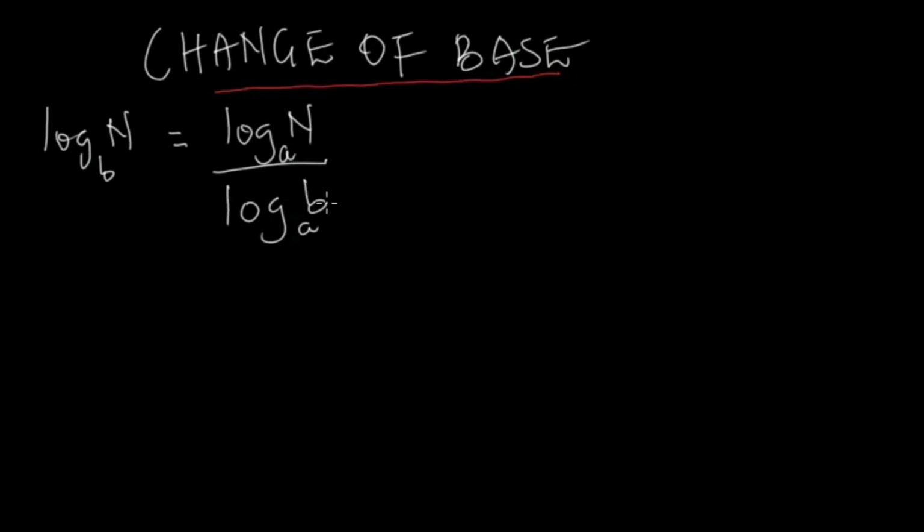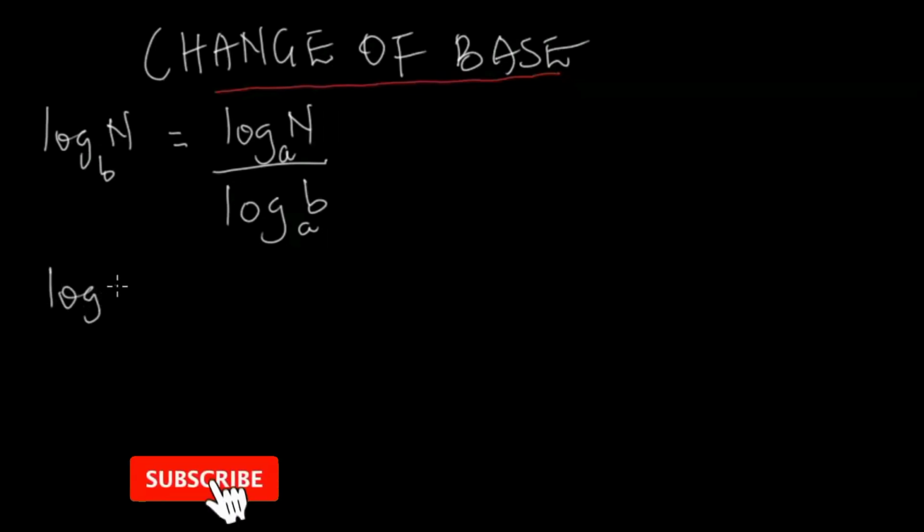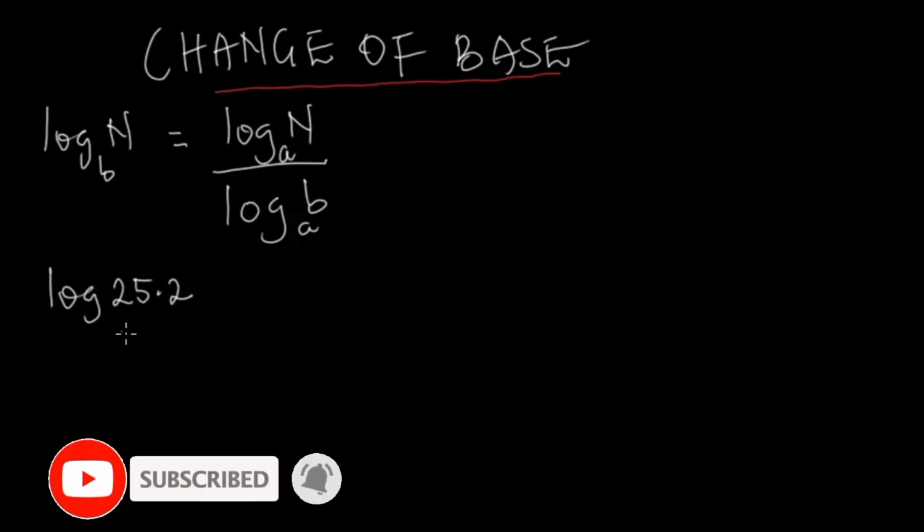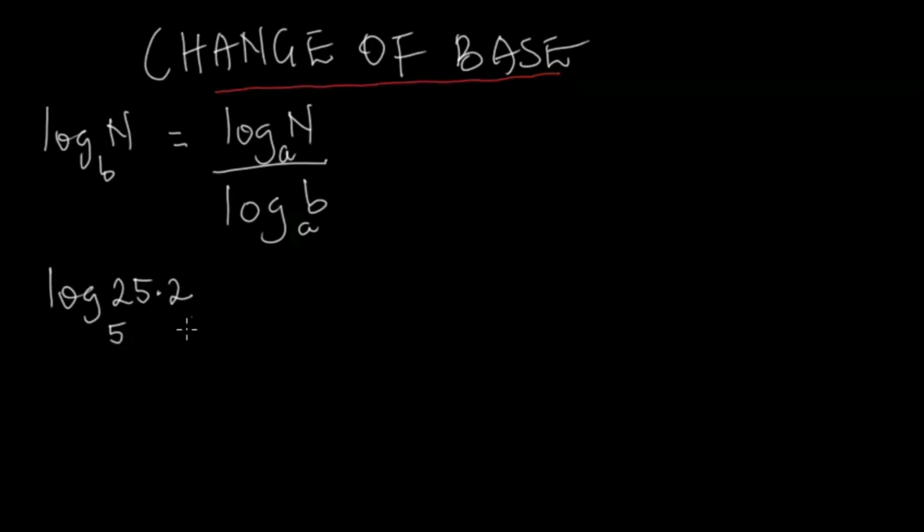So the whole concept behind this law is that, for example, if you have the log of a number, let's say 25.2 to a base, let's say 5, we can calculate the log of this same number 25.2 to another base, let's say 7. Now, for better understanding, let us look at how this law came to be.